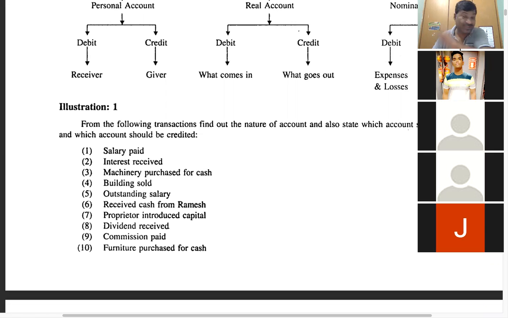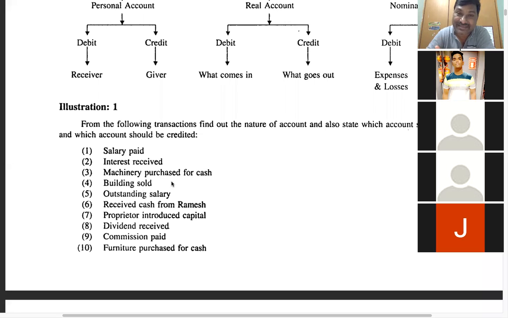Okay, be careful. Now, in this problem, interest received. In another problem, it may be paid. There, don't take it for granted. Interest means it is to be credited? No, it can be debited also. When it is received, how is it received? It is received in the form of cash. When it is received in the form of cash, what is that cash?